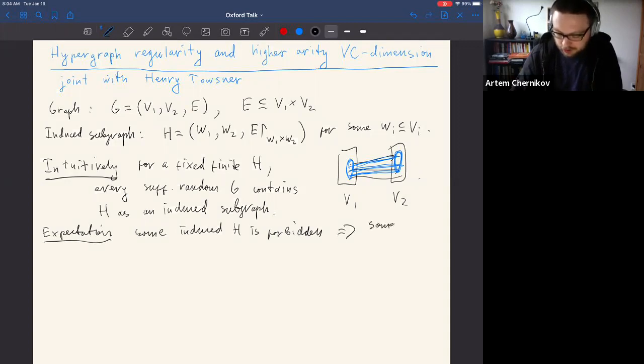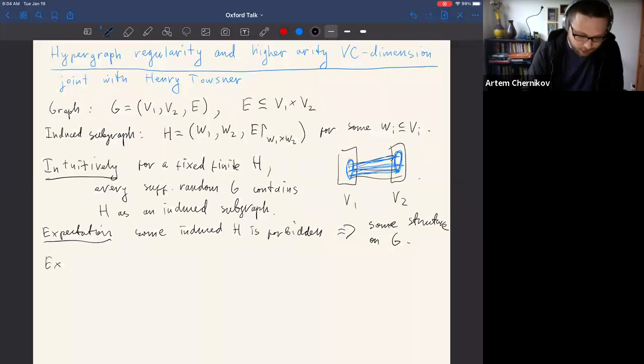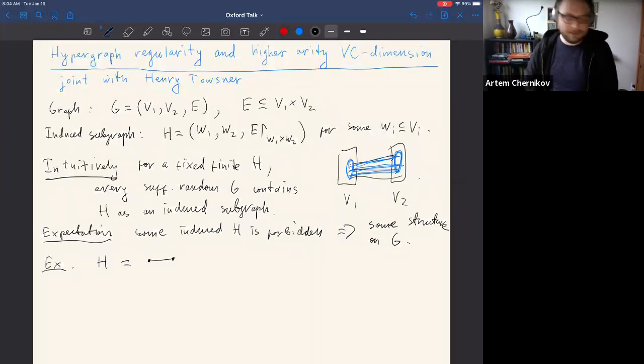So some structure on G. So to give you a trivial example, we can consider the situation when, for example, H is just one edge between two vertices. Okay. So then if G is H-free, of course, we get that G is the empty graph, the graph without any edges.